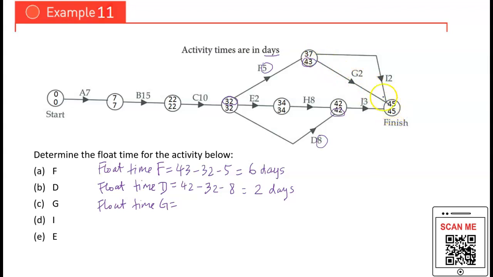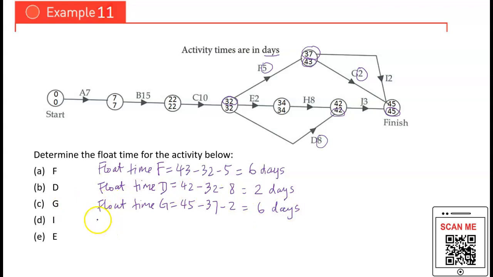Let's look at the ending of activity G, the LST value, which is 45, minus the start of the activity G, the EST value, which is 37, and minus the time of activity G, which is 2. And the answer here will be 6 days.